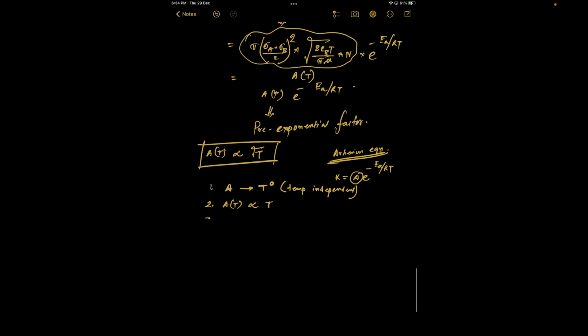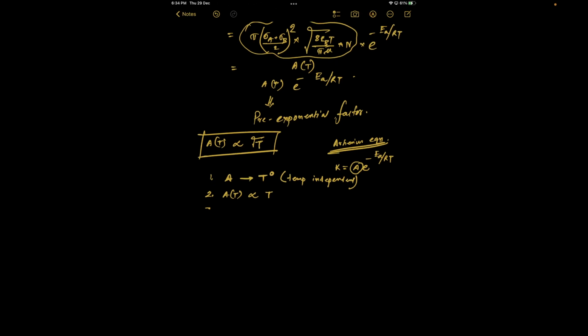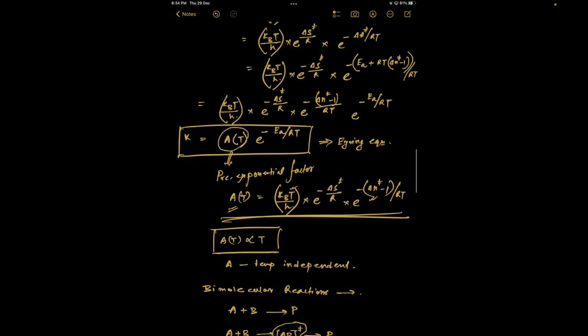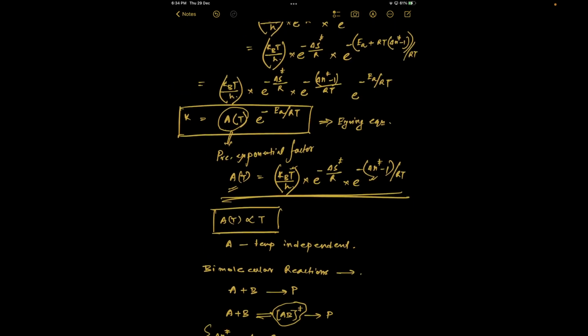Now from the TST Eyring equation, transition state theory Eyring equation, we have written it down previously like this. And the pre-exponential factor A as a function of T has this particular form, which is temperature dependent now, and it is proportional to T here, right?